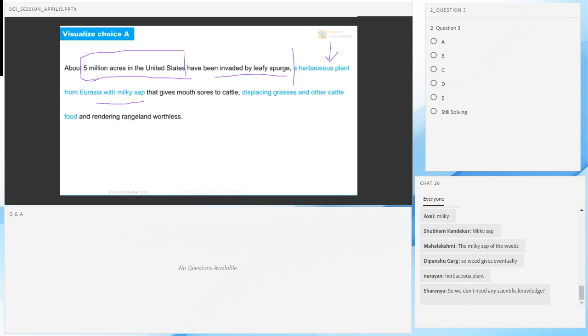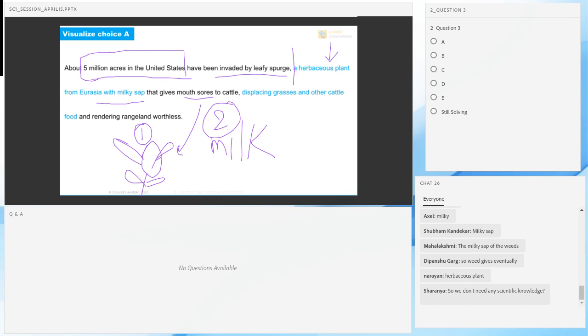Now, let's say the weed and the milk were two different entities, right? This weed over here, and I don't know what I'm drawing here, right? So if this weed and the milky sap were two different things, this was number one, and this milky sap was in something else, something spread on the ground, for example, then you could not have linked the mouth sores to the weed.